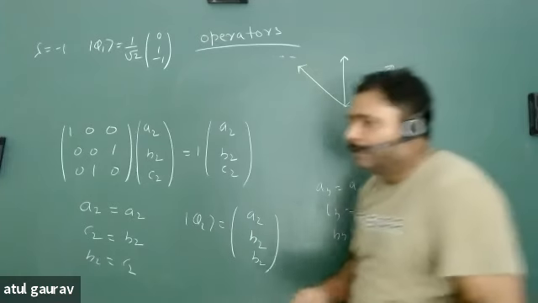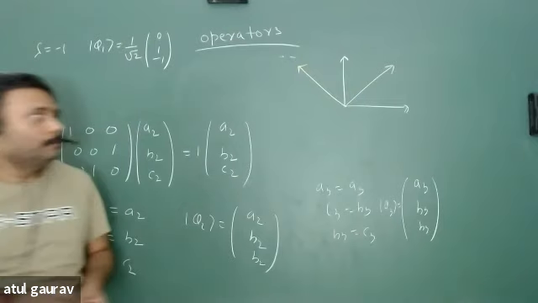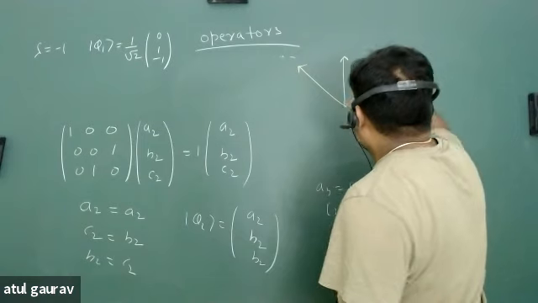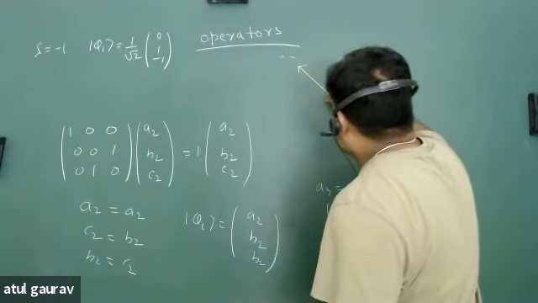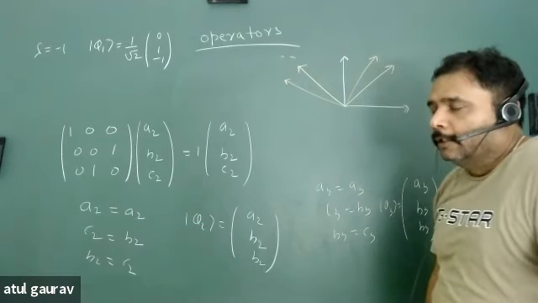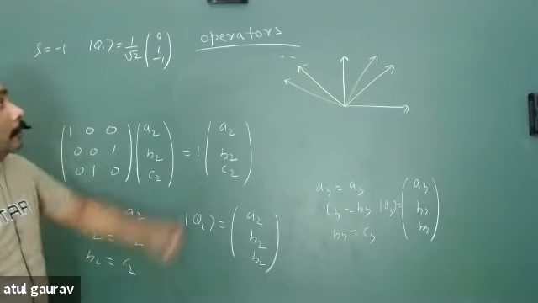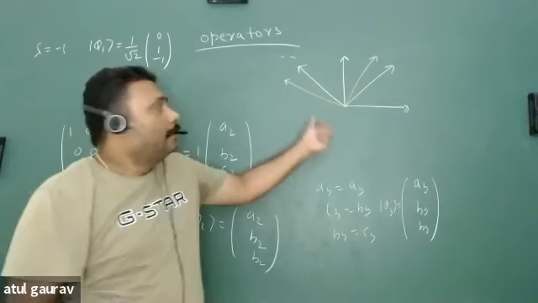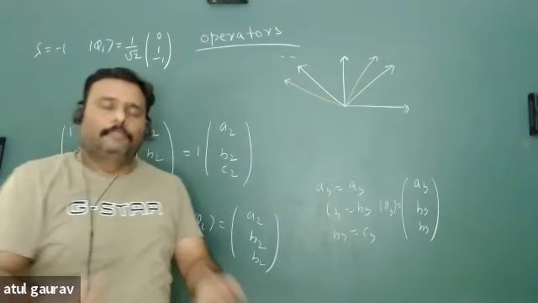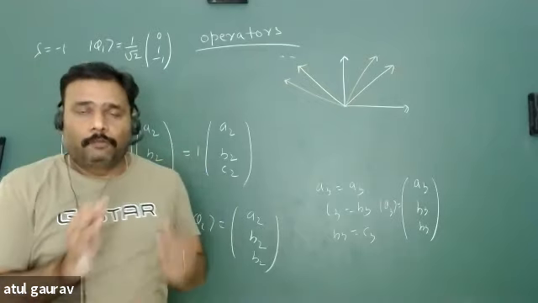I can take a different color so that you can understand. Suppose this is one vector, then this must be the other orthogonal vector. So the main thing is that you can find an infinite number of orthogonal sets, and you can easily normalize them.